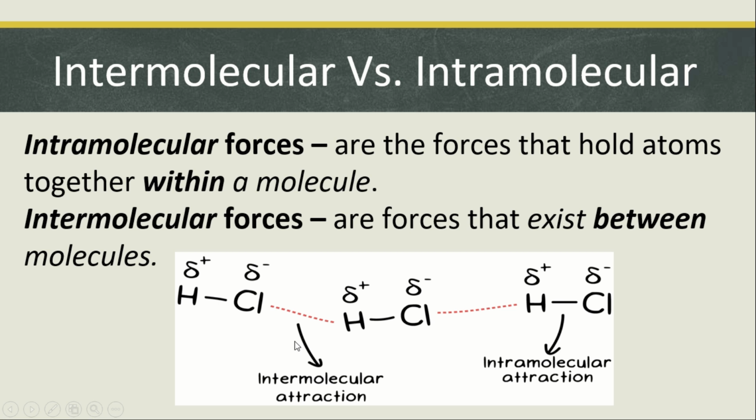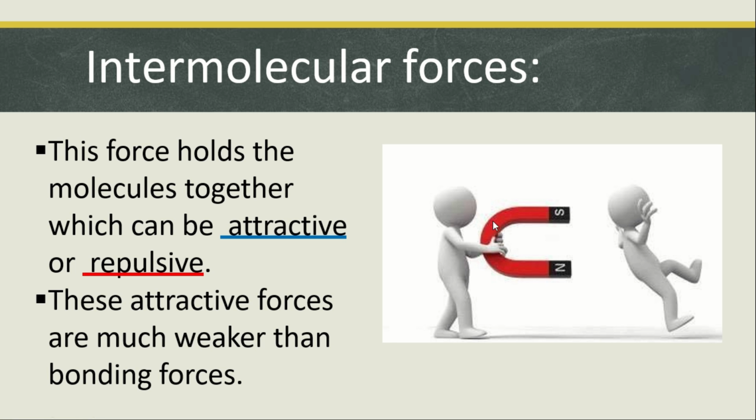So how does it happen? Let's find out. Intermolecular forces hold the molecules together, and can be attractive or repulsive. It's like a magnet. Two molecules are either attracted or repelled by each other. And these attractive forces are much weaker than the bonding forces.